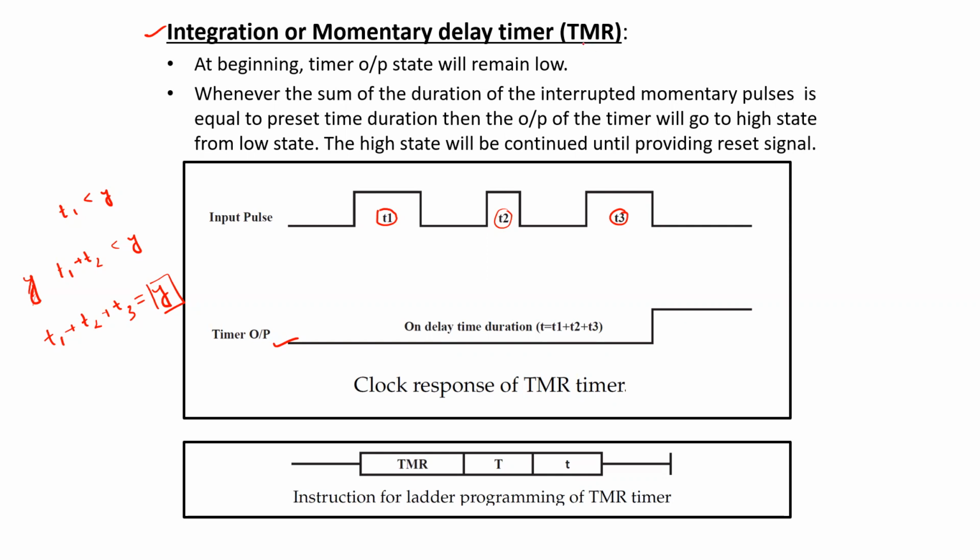And the notation for the momentary delay timer is TMR. So in the instruction, the user has to denote this type of timer by the same notation.